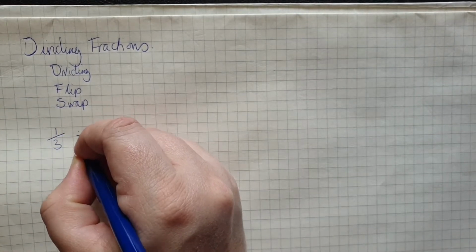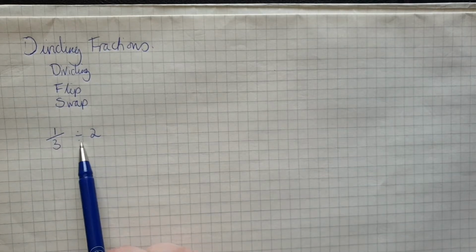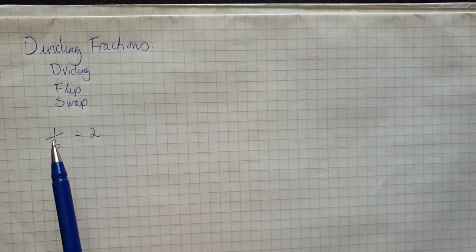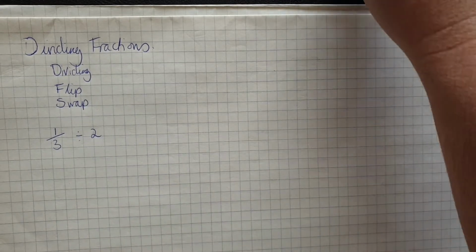1/3 divided by 2. Now, first of all, we recognise that we've got fractions and we are dividing. So that's the first part done. Now what we then do is we are going to flip the second fraction.